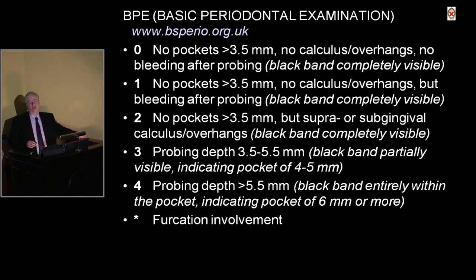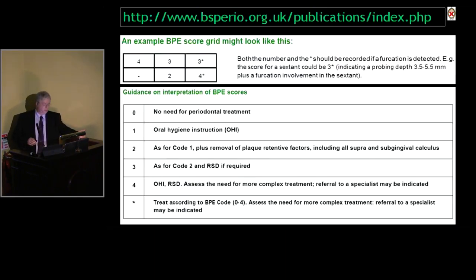It's important to know something like the basic periodontal examination, the BPE. This is the one from the BSP, the British Society of Periodontology. In the States, you have the PSR, and it's similar to the CPITN. Again, time precludes, but we have 0 to 4 and an asterisk, and I'm sure you all know that inside out, back to front, and upside down.